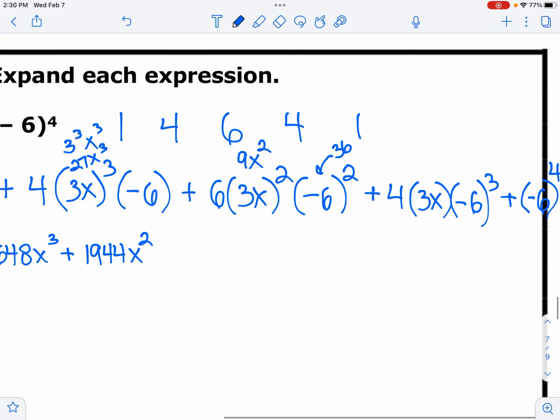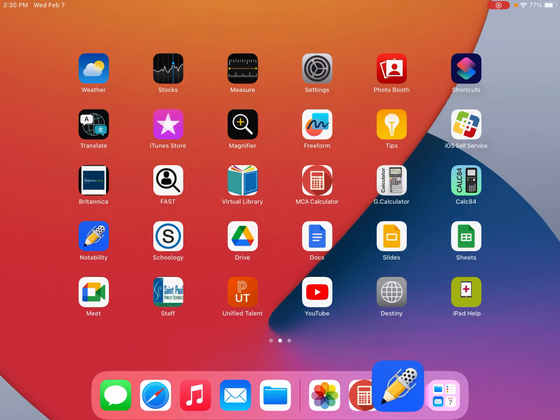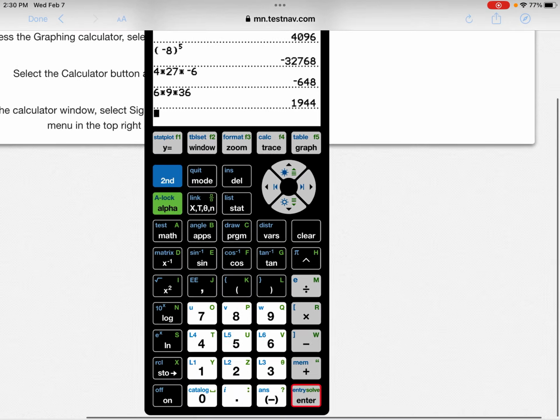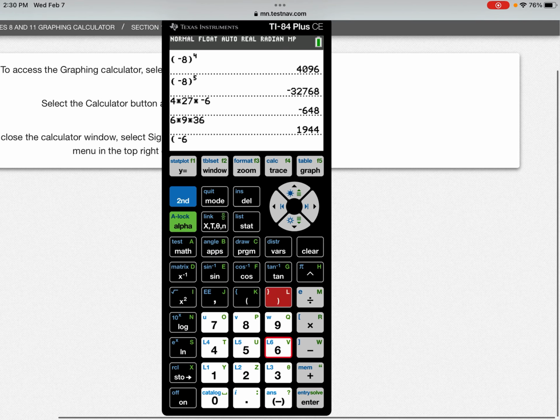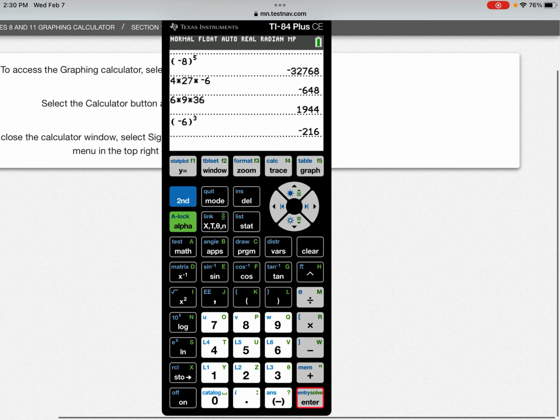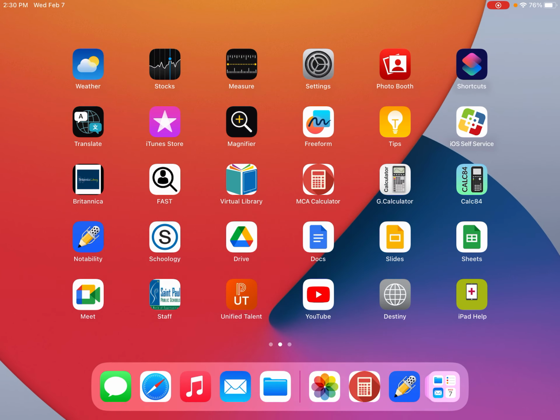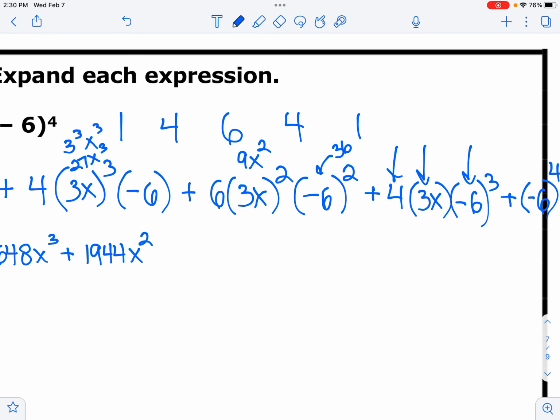Okay. Now this one, I just need to do this, and then I can multiply by, there's no exponent on 3x, then I can multiply by 3 and 4. But let's see, negative 6 to the third power is negative 216. And then I have to multiply that. So this is negative 216. I need to multiply by 4 and 3.